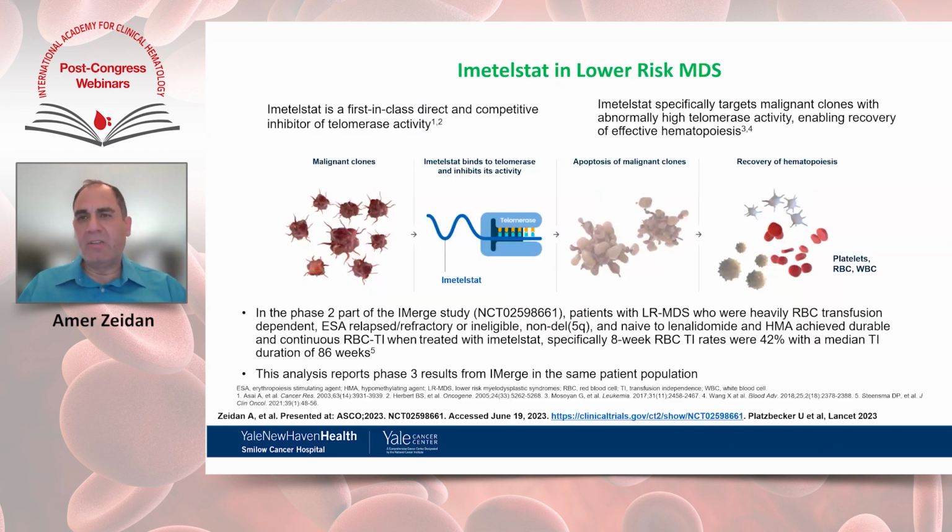Now, imetelstat, I already mentioned to you that this was approved last year in June in the US, is currently under consideration for approval in Europe as well. And in the IMerge study, imetelstat, which is a first-in-class telomerase inhibitor that is given intravenously every 4 weeks, has been shown to be active for anemia management after ESA failure.